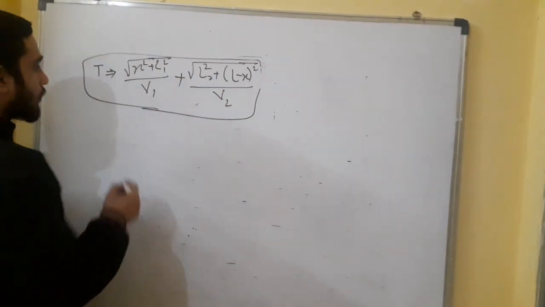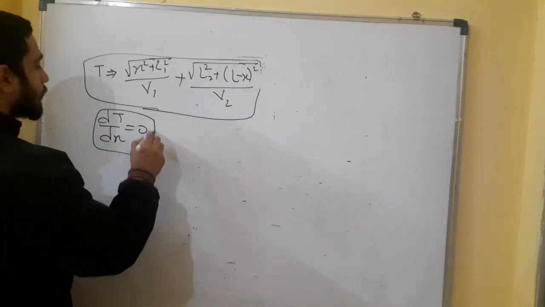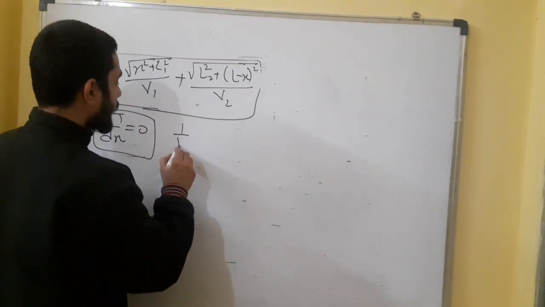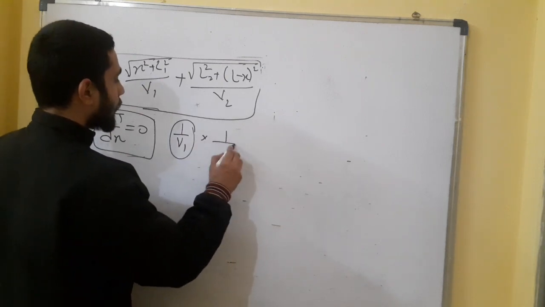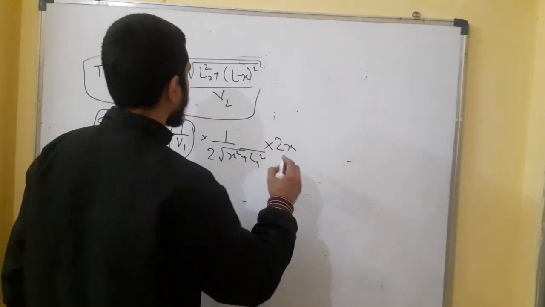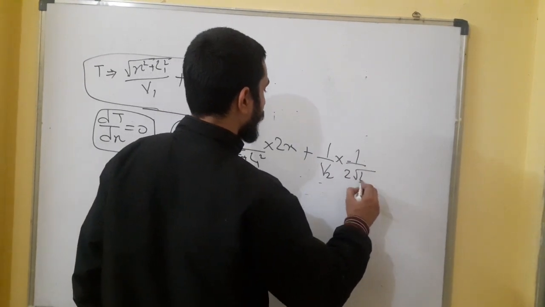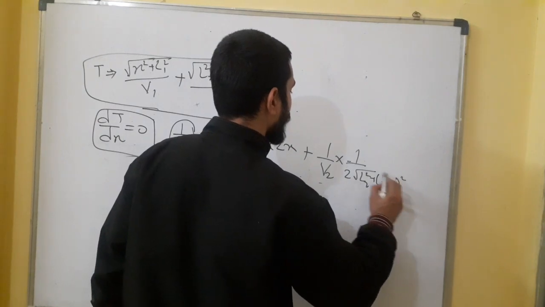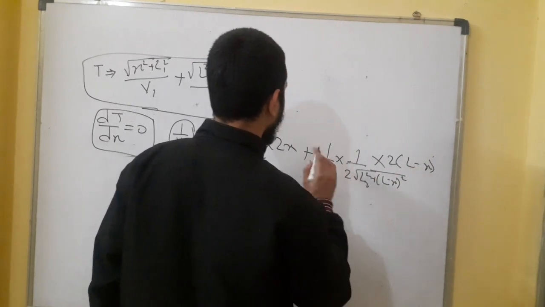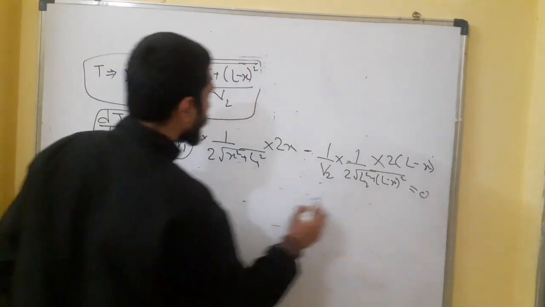So this is the relation. Now dt by dx we will put equal to 0. Differentiating, 1 by v1 into 1 upon 2 root of x square plus L1 square into 2x, plus 1 by v2 into 1 upon 2 root of L2 square plus (L minus x) whole square into 2 into (L minus x) and a minus sign, so here it will be minus, equal to 0.